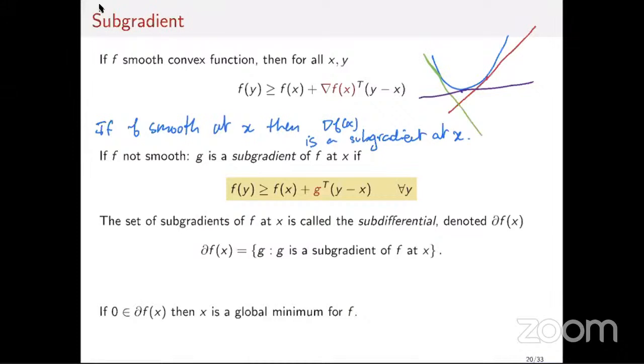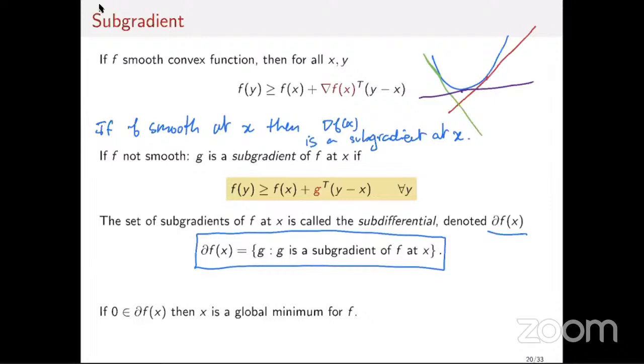The set of subgradients of a function at a certain point is called the subdifferential, and it is denoted by ∂f(x). So ∂f(x) is the set of vectors g such that g is a subgradient of f at x. Why did I define it as a set?